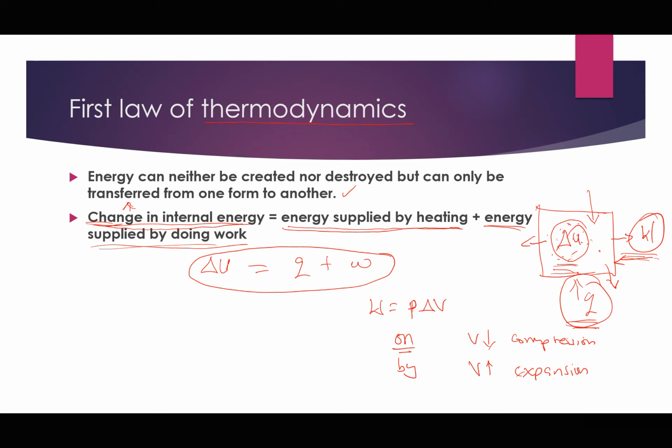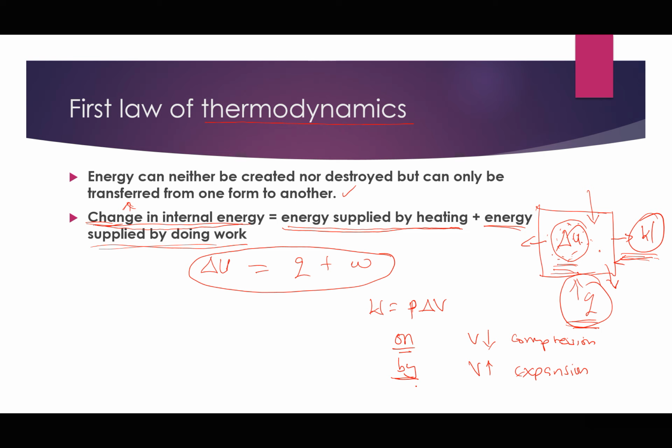It is very important to note whether the work is done on the gas or by the gas, because when work is done on the gas, energy is added to the system. Most likely the internal energy increases. But if work is done by the gas, it is the gas doing work on the surroundings. It is using up its energy to do work, to increase the volume.